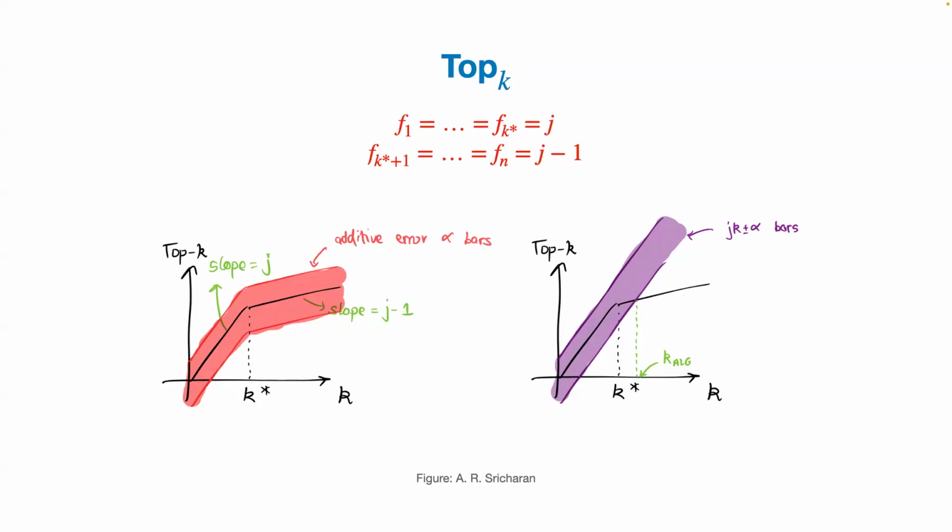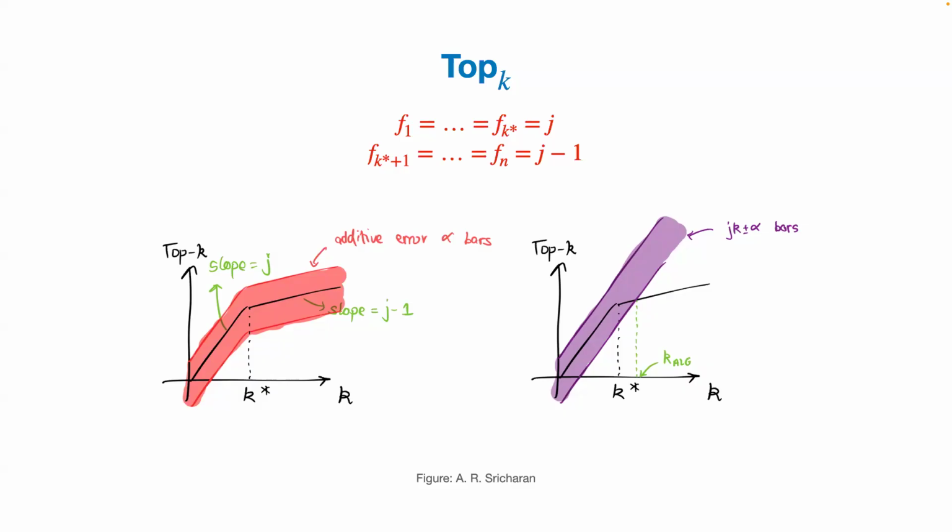So let's see what the top Ks of this example are. For K smaller than K star, it's simply K times J, because it's going up J by J. But after the point K star, it moves up by J minus 1.